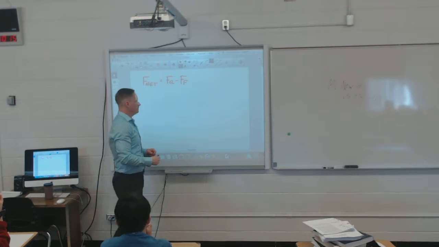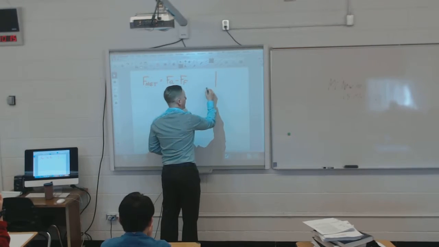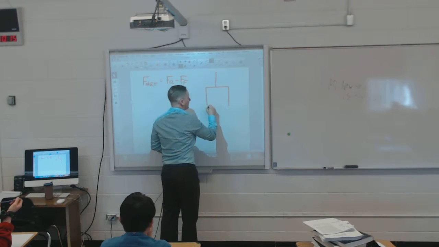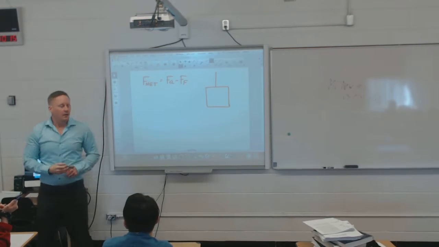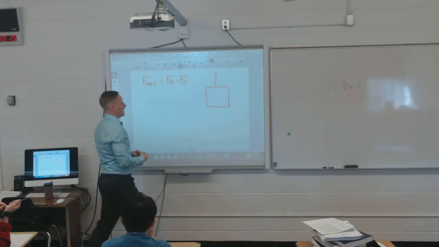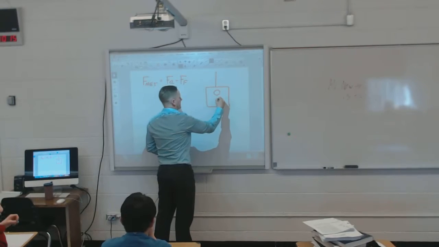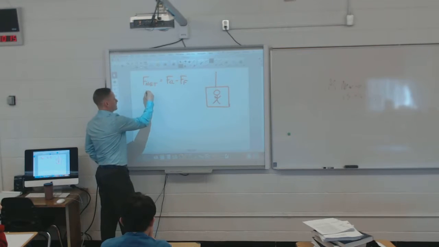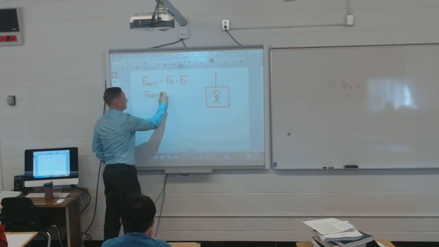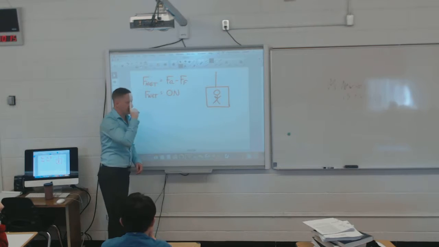For example, if I took a look at somebody standing in an elevator, if the elevator is at a standstill, that would mean that our net force would equal 0 newtons.